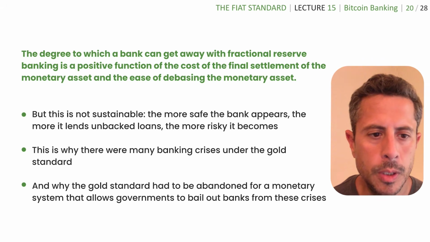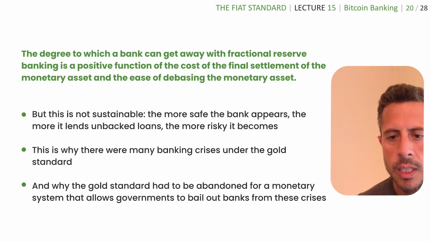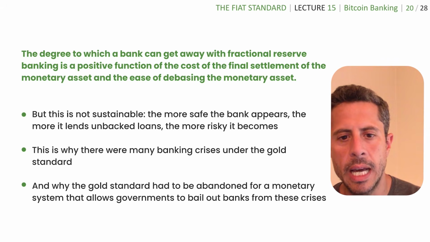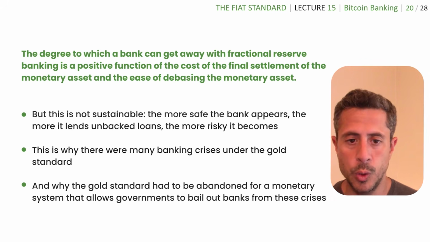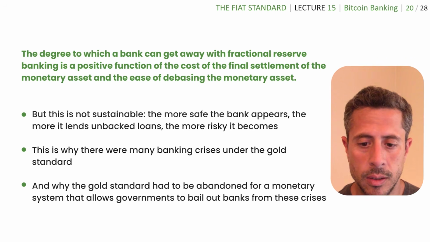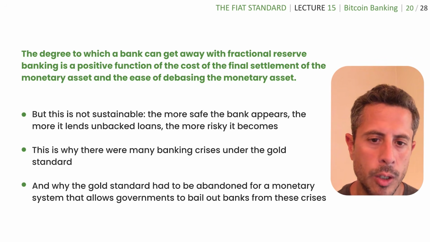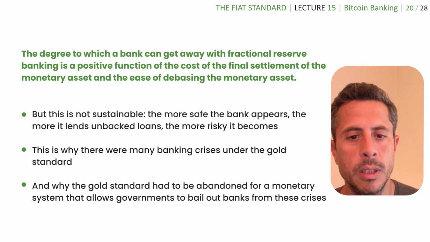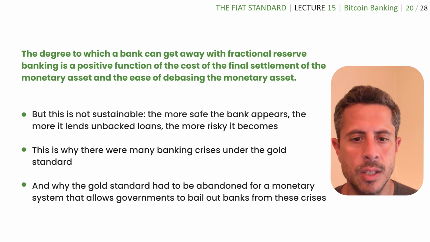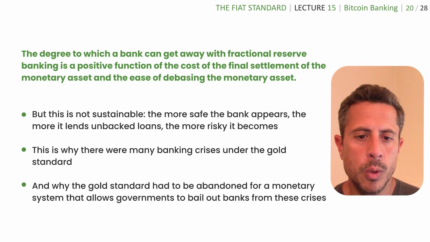So the more expensive it is to move the asset, the more likely it is for an individual to use that asset through the bank and have to rely on the bank, and therefore the more likely they are to leave it at the bank, and therefore the more likely the bank is to issue more liabilities for it than it has assets on hand. But of course this is not sustainable.